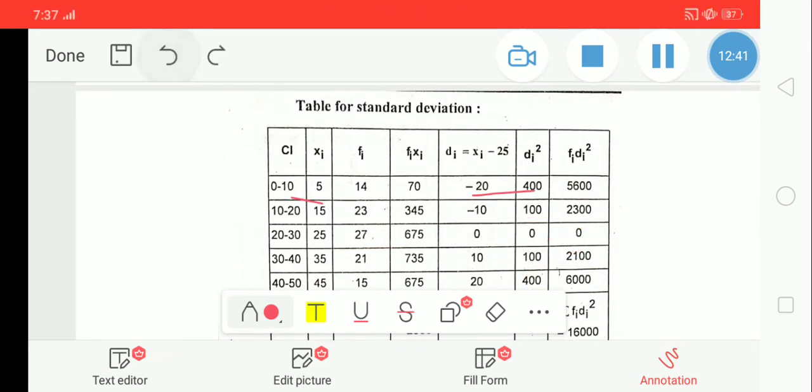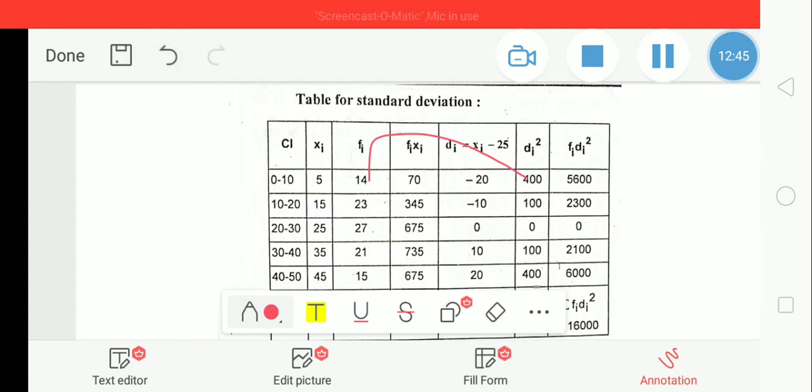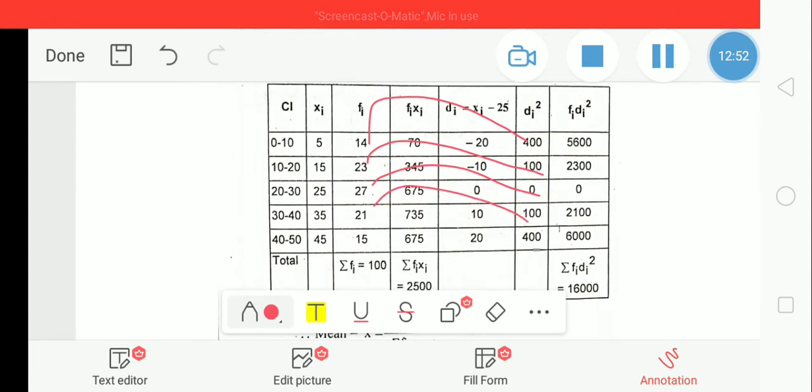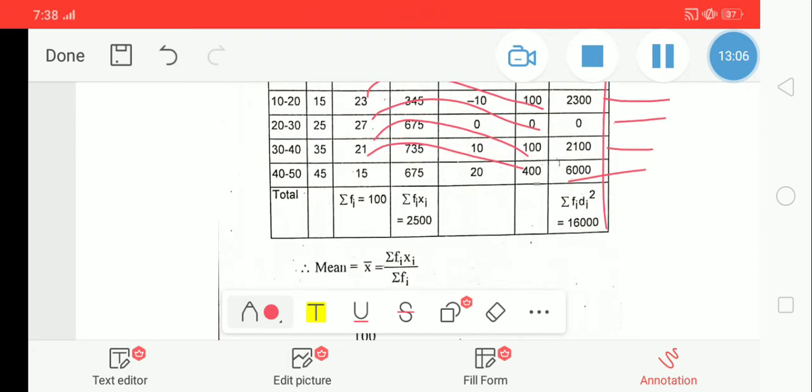Multiplying by fi: 14 multiplied by 400 gives 5600, 23 multiplied by 100 is 2300, 27 multiplied by 0 is 0, 21 multiplied by 100 is 2100, and 15 multiplied by 400 is 6000. The sum of all of these is 16,000.